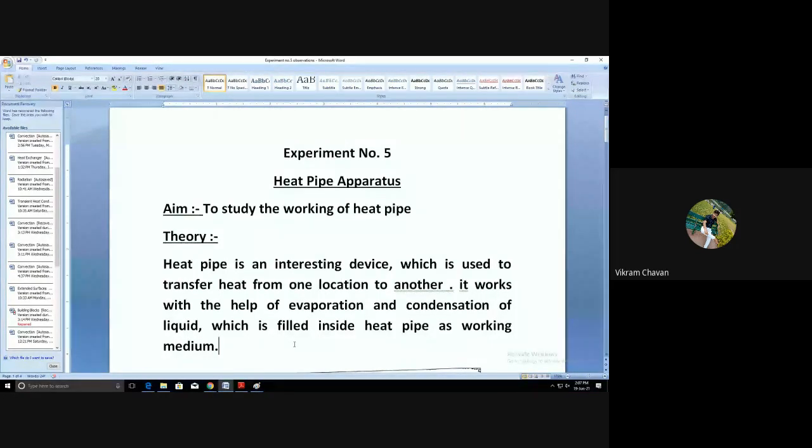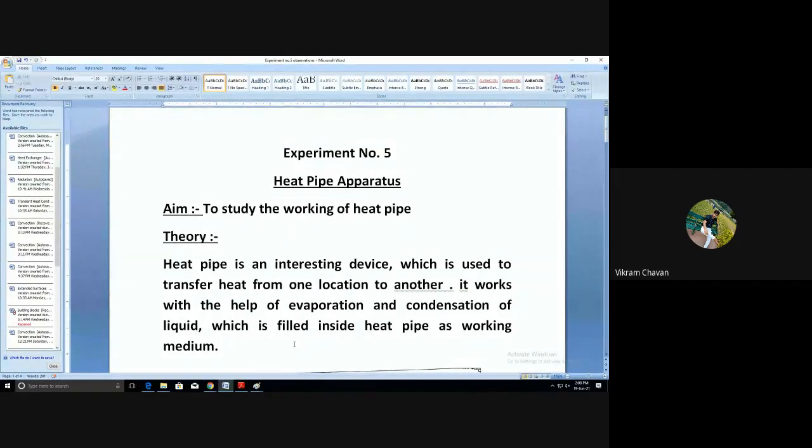As we know, in case of a refrigerator, if you want to remove the heat from the products that you have placed in the refrigerator, for that we require an external source of energy, or a moving part, that is nothing but a compressor, which drives the refrigeration process. But in the heat pipe case, there is no requirement for any external device or energy source.